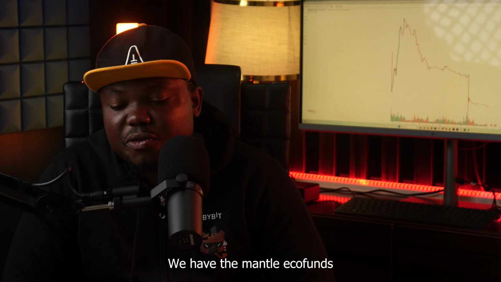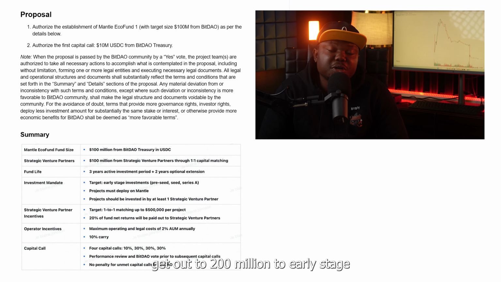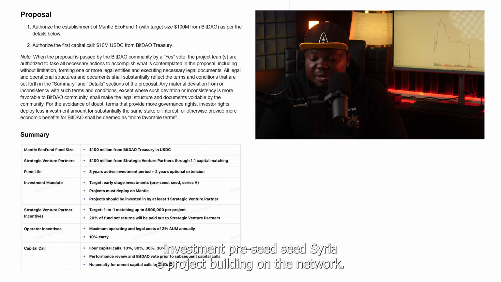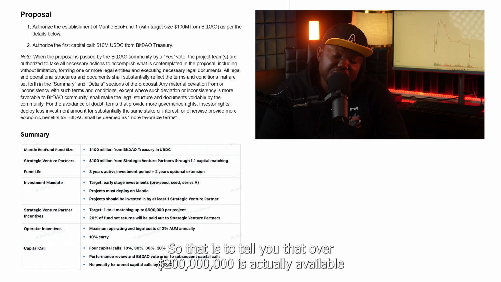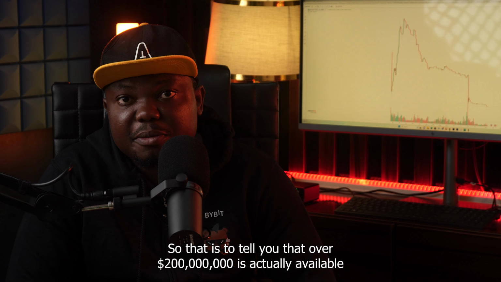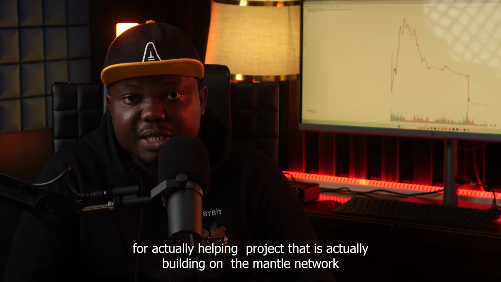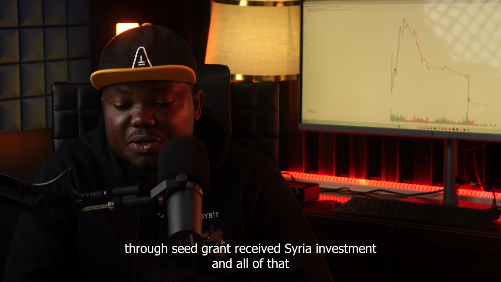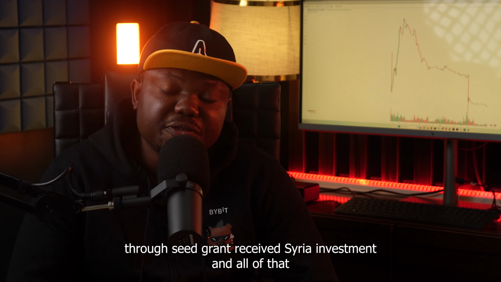Mantle Network also provides an opportunity for the general public to join the network. We have the Mantle Eco Fund. Mantle has dedicated up to 200 million to early stage investment, pre-seed, seed, and Series A projects building on the network. So over 200 million dollars is available for helping projects building on Mantle through seed round, pre-seed, Series A investment, and all of that.